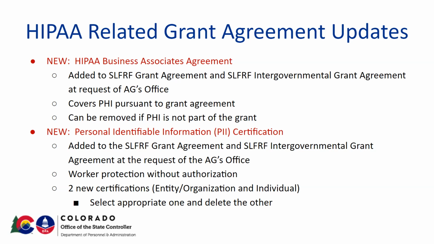We've added a little bit to the definition of PII at the AG's request, as well as some language that protects PII. It puts some more protections and another requirement on contractors or grantees that might be getting personally identifiable information. The genesis of this comes from an immigration bill.